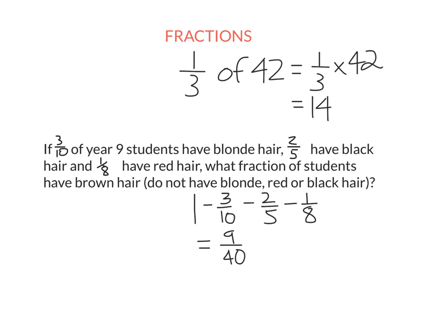So let's now move on to percentages. So we know that percentage means per 100. So we're going to first look at finding a percent of a quantity. So let's say we wanted to find 45% of 180. So we do this in two very simple steps. We firstly convert the percent to a fraction or a decimal. Either one doesn't matter. So we do that by dividing by 100.